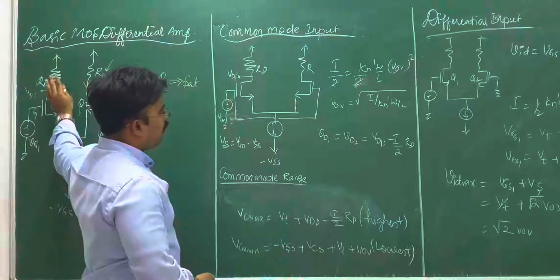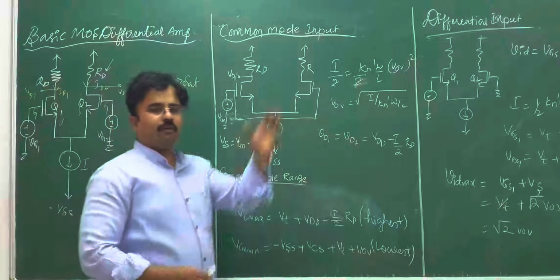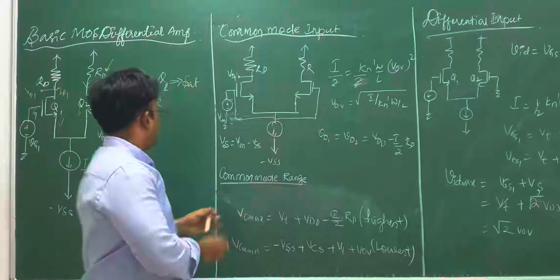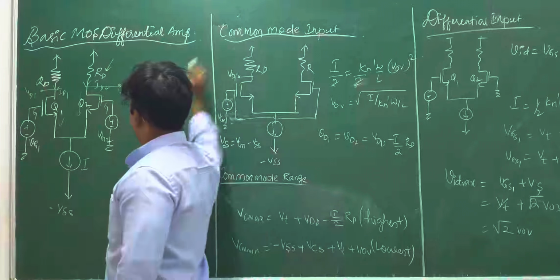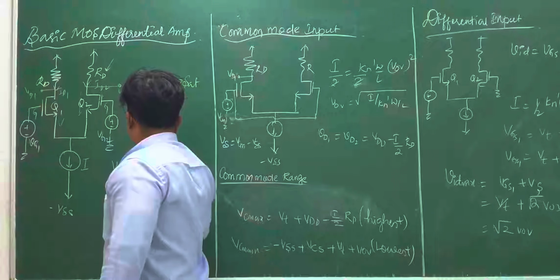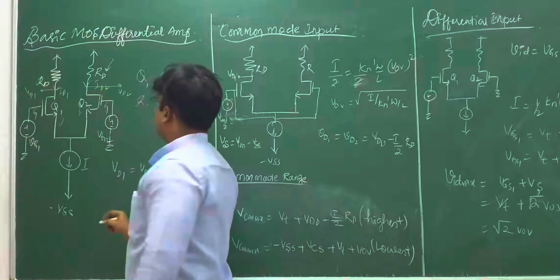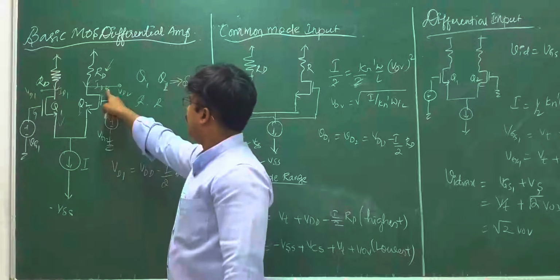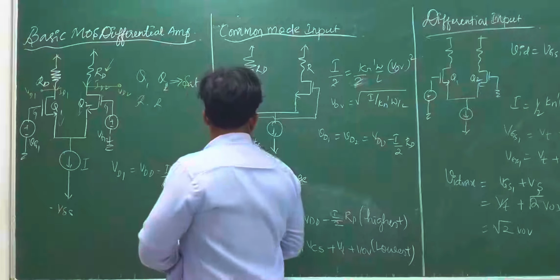Before going to the common mode output voltage, VD1 is nothing but VDD minus I by 2 into RD. The same holds for the second transistor: VD2 is VDD minus I by 2 into RD.